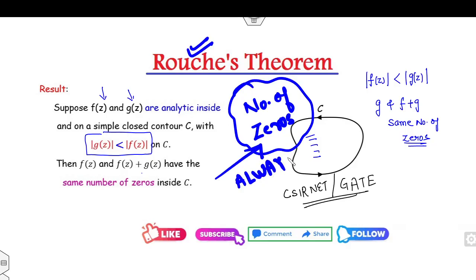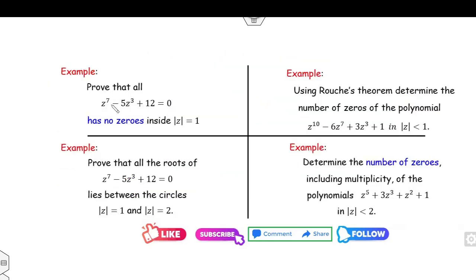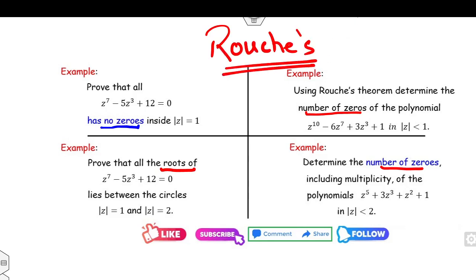For example, the first question talks about zeros. The second question again talks about the number of zeros. The third is also roots. Roots means the number of zeros. That means all these questions you can solve with the help of the Rouche theorem.